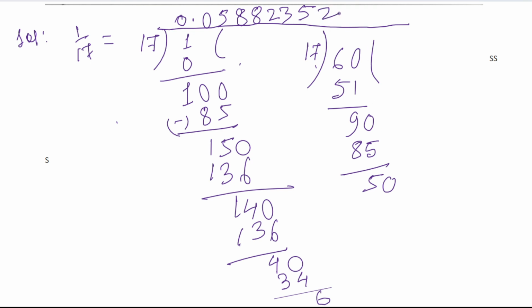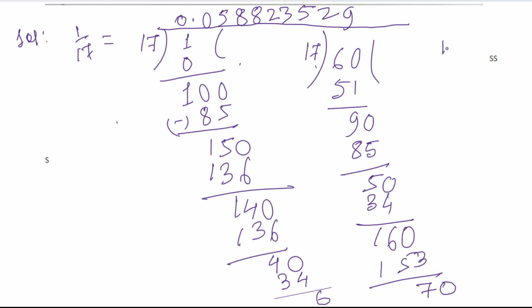Again 2 times. 2 into 17 is 34. 16. A 0 free. Okay, 9 times, because 9 into 17 is 153. 7. So 0 free again. So again I'll divide 17 and 70.